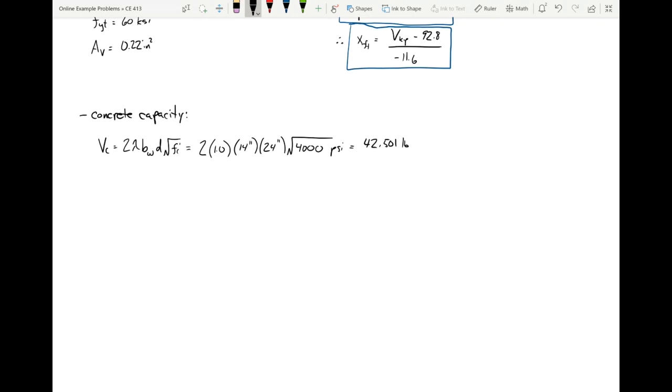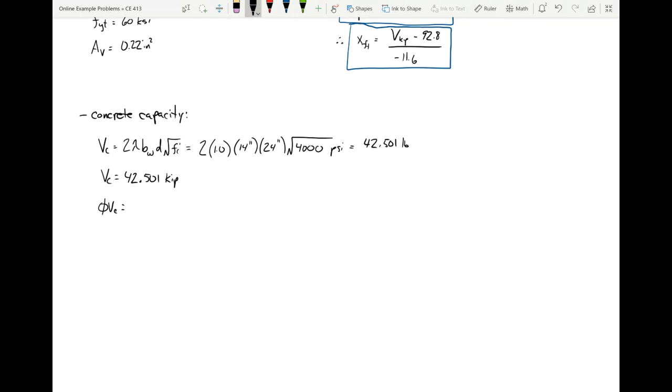So PSI times square inches, the square inches cancel and you get pounds. So VC is 42,501 pounds, or VC is 42.501 kips. And so with that, we can compute phi VC.